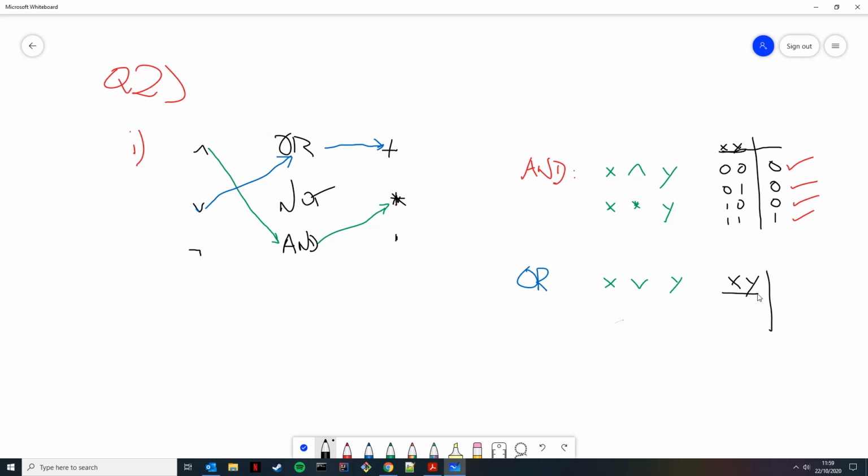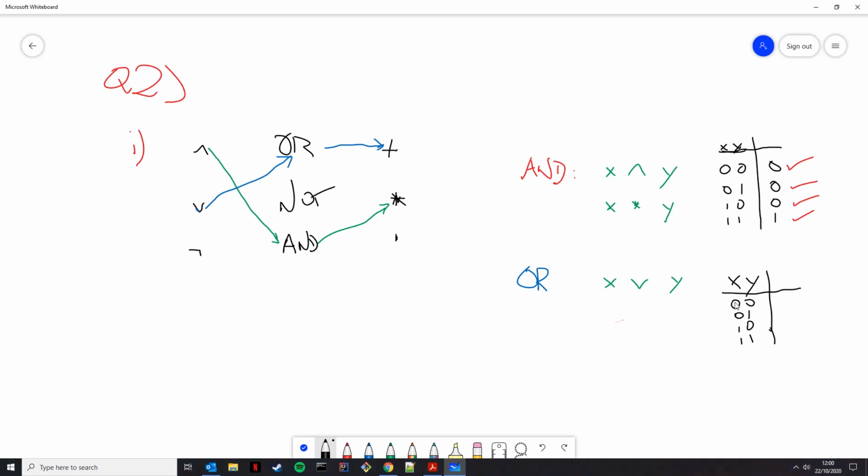We do the same again. We have 2 inputs, so we're going to have 4 possible combinations: 0, 0; 0, 1; 1, 0; 1, 1. So x or y means that one of x or y has to be true, or both have to be true. So at least one input is true to get a positive output.